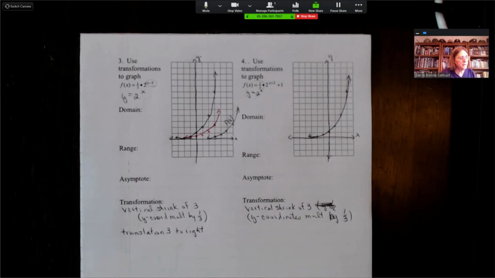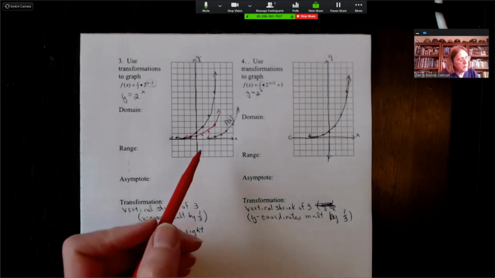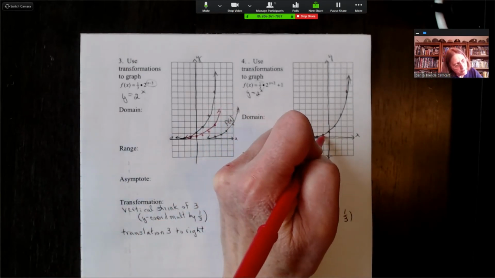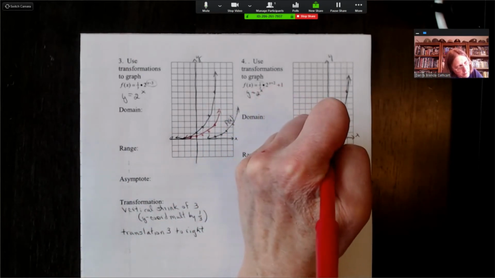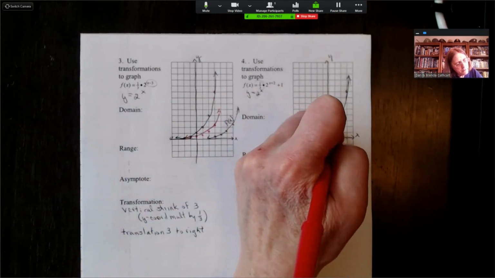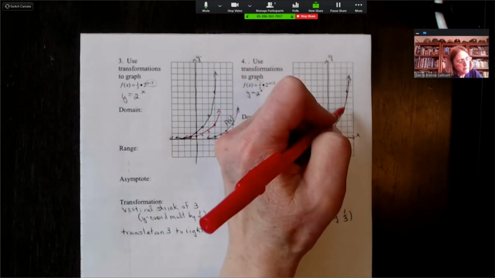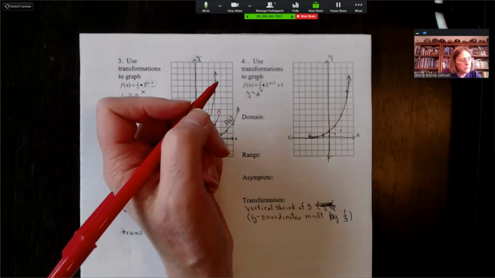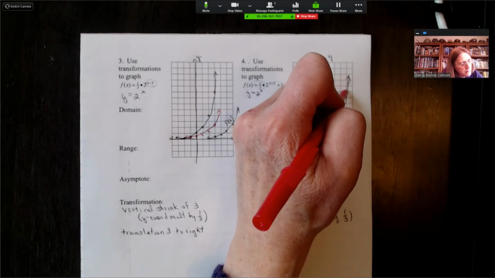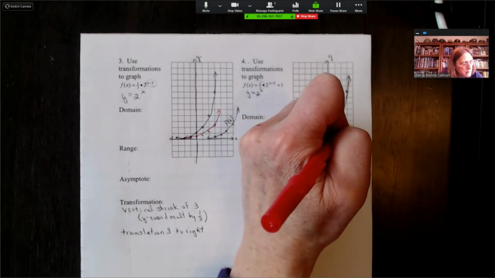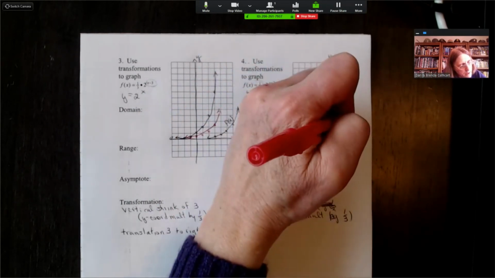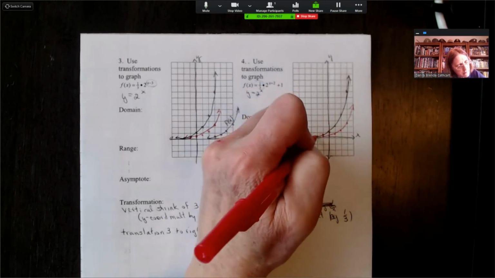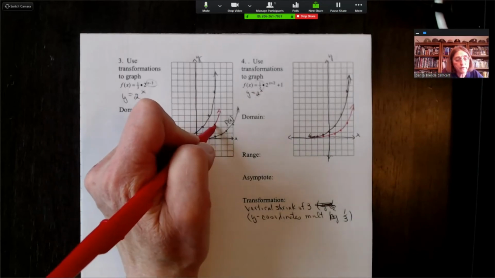So let's do that again. Each one of our y coordinates multiplied by 1/3. Well, a half times a third is a sixth. 1 times a third is 1/3. 2 times a third is 2/3. 4 times a third is 4/3 or 1 1/3. 8 times a third is 2 2/3. And we have this graph. Same as we had here.